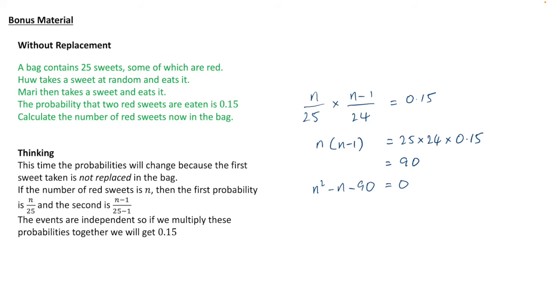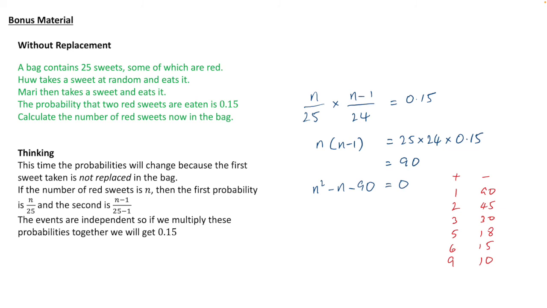Now to work out the values that go in the two brackets for this quadratic, we need them to multiply to 90, so we can write down all the possibilities. So we've got 1 times 90 or 2 times 45 and so on. Because we've got minus n in the middle, we know that the bigger number must be negative.